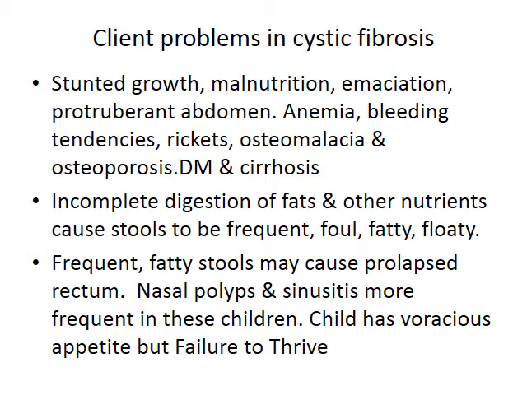We're going to see stunted growth, malnutrition, they're just not thriving, possibly some anemia, and their stools are going to look different because we don't have proper nutrition. They're going to be foul smelling, fatty, that steatorrhea that we look at.